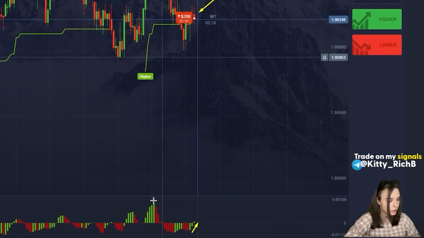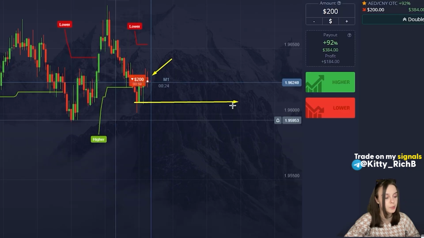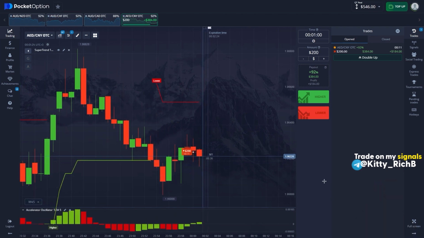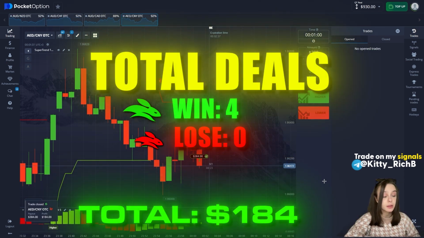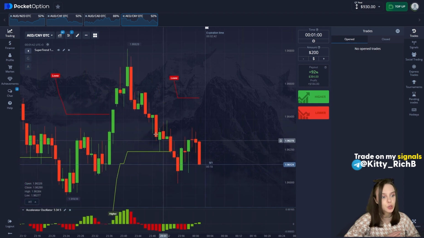By the oscillator, for now we're recovering, but soon there will be an adjustment to approximately reach this level. But at the moment we have a downward trend where we opened our trade. Let's watch the chart. Great, this trade is also closing in a plus, dear traders, it's quite nice.